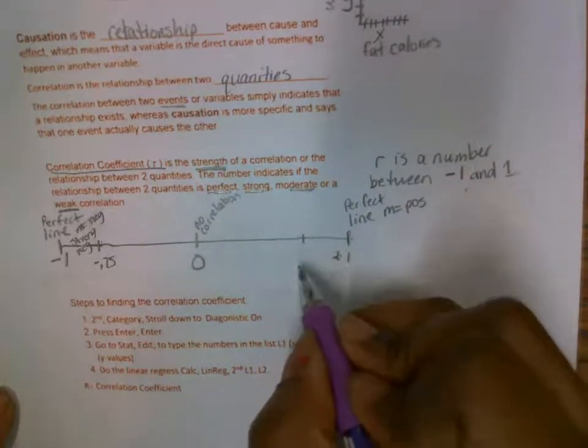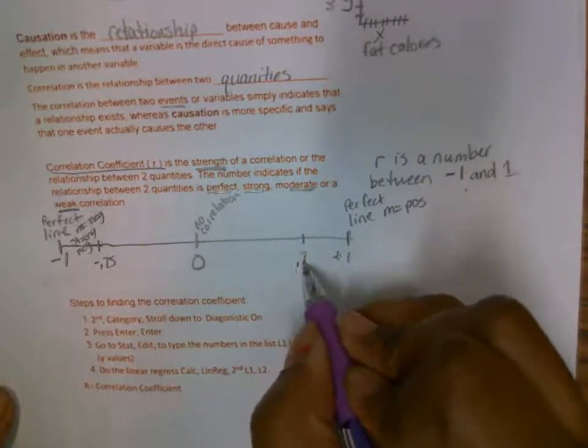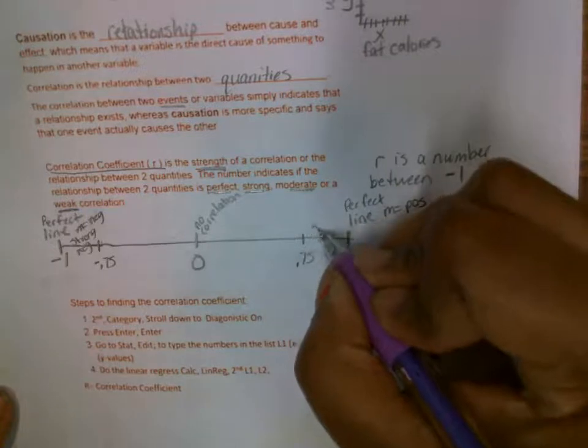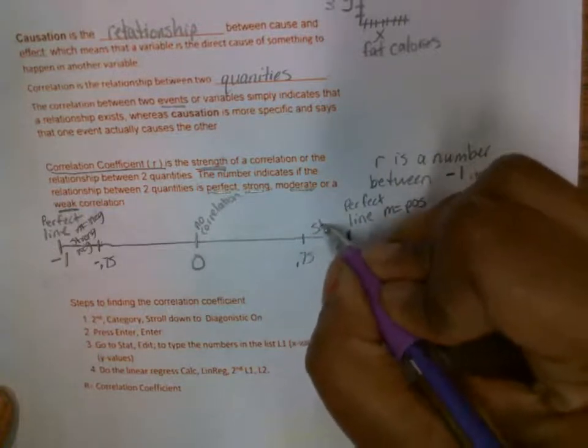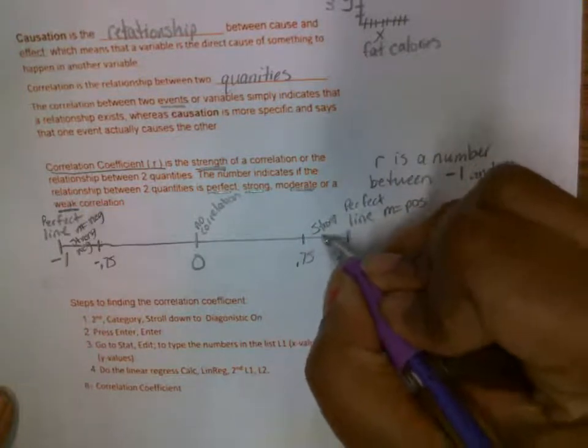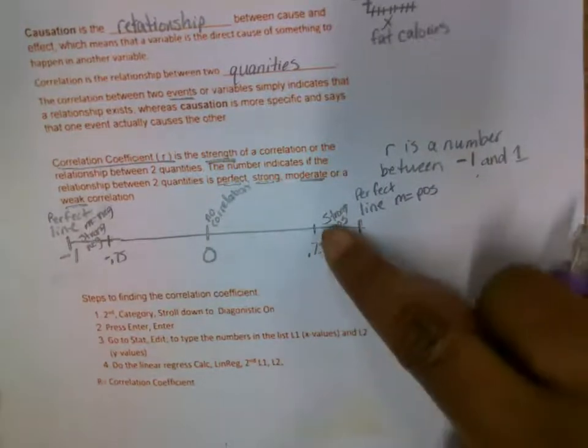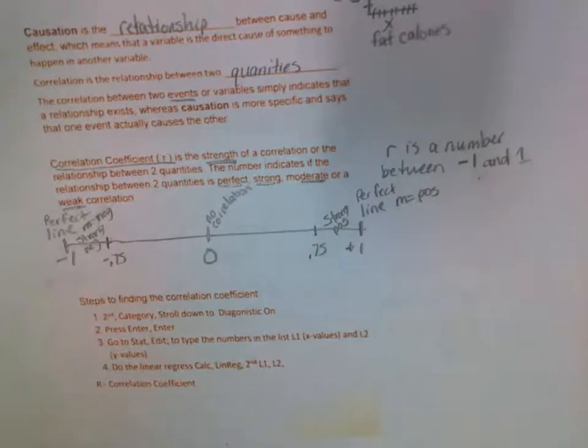Okay? And on this side, positive 0.75, these numbers in here are going to be a strong positive. Those points are still close together, but they're not a straight line. This is still a strong correlation. And it'll probably make more sense to you when we start doing these in the calculator.